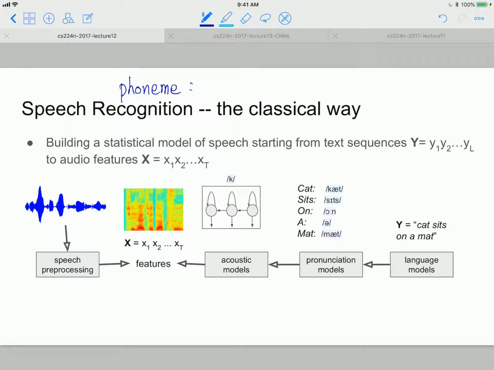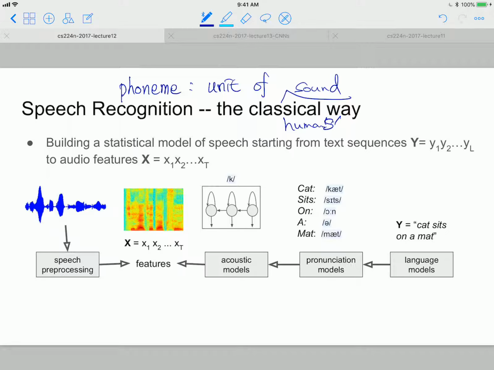I'm not sure about the exact definition, but probably it's a unit of sound, maybe human sound. It's not a formal definition, it's just my own definition.